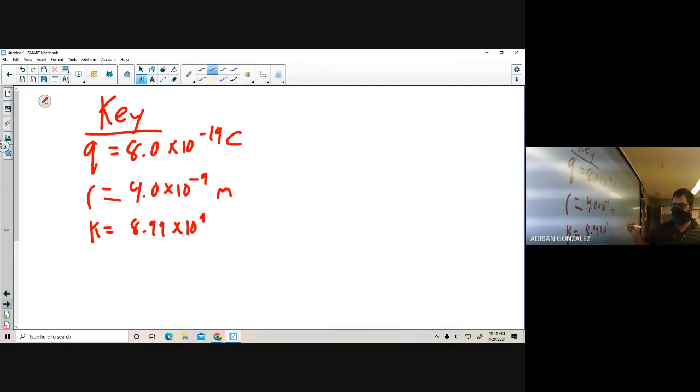Newtons times meter squared over coulomb squared. Okay, so what am I going to do? Find FE. And we're going to use FE to solve for E. So we need E in there too.